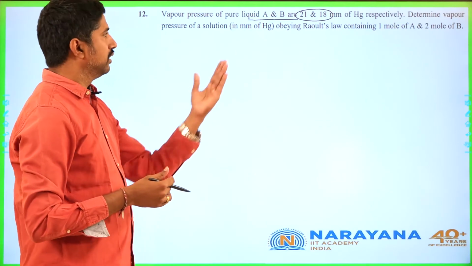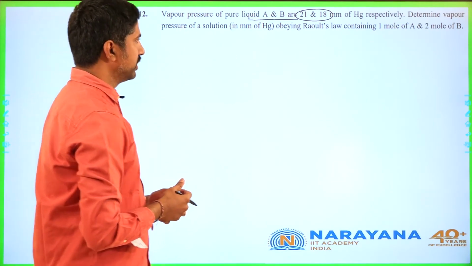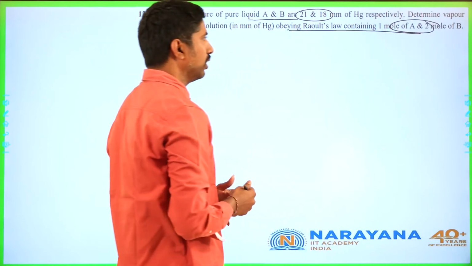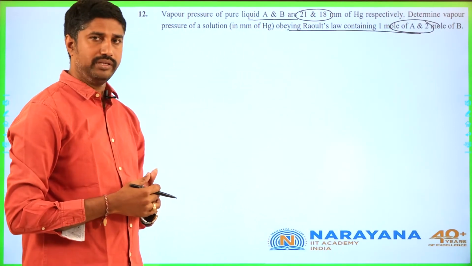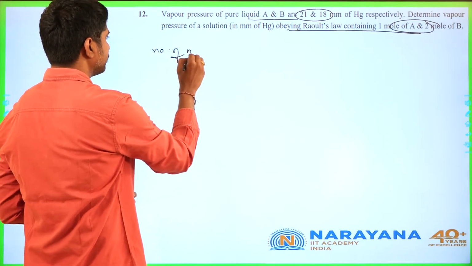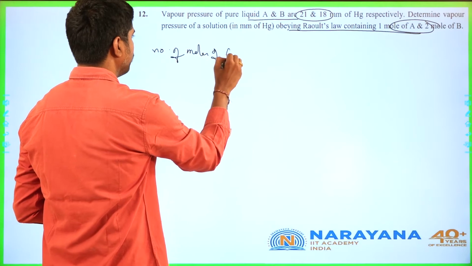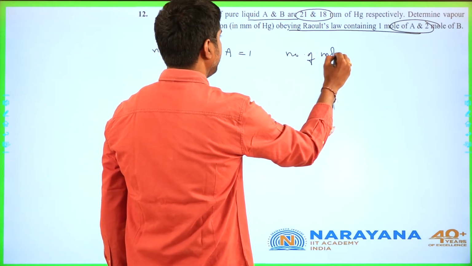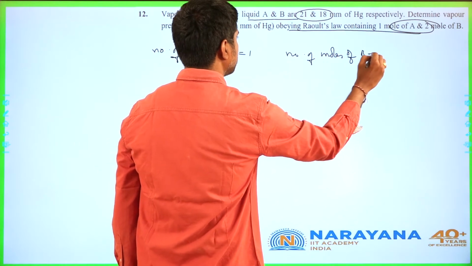Then determine the vapor pressure of a solution obeying Raoult's law containing 1 mole of A and 2 moles of B. So the number of moles of A is 1, and the number of moles of B is 2.